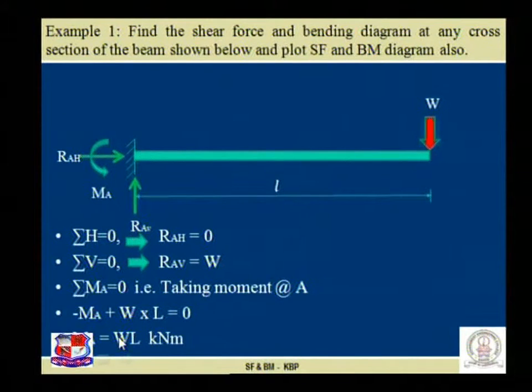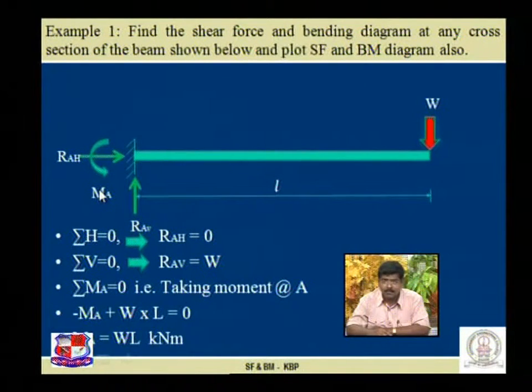The positive sign of MA signifies that the assumed direction is right, that is, we assumed the moment here to be anti-clockwise and that is right. Now the next step is to plot the shear force and bending moment diagram.